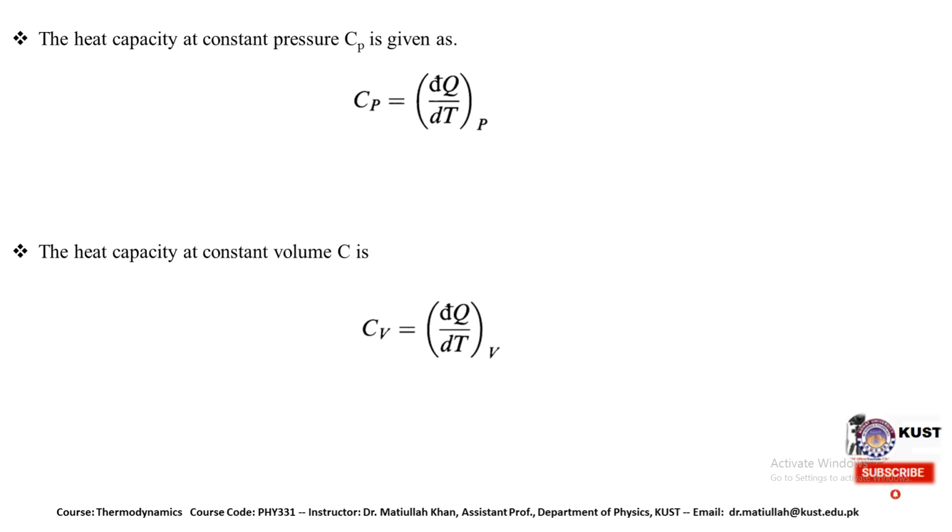If we make the pressure constant in a particular process, then the heat capacity can be expressed as Cp, which is equal to dq divided by dt when pressure is constant. Similarly, if we have heat capacity at constant volume, then we consider the volume to be constant. So the expression for the heat capacity at constant volume is Cv, equal to dq divided by dt, where the volume of the system remains constant.